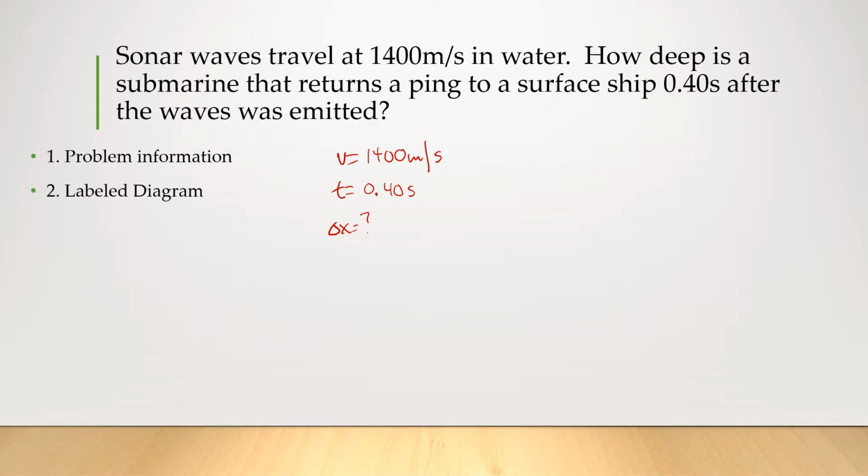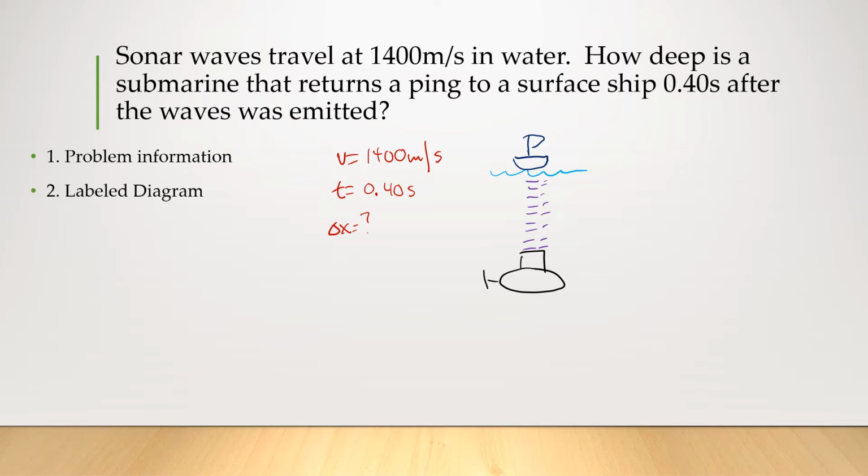So the next step is draw a labeled diagram. So we have the water here, and we have our little ship on top of the water, and then we have our submarine down here underneath the water. So what happens in this case is it sends a ping out, the sound wave hits the submarine, and then returns back to the surface.